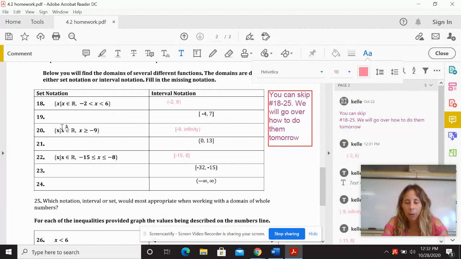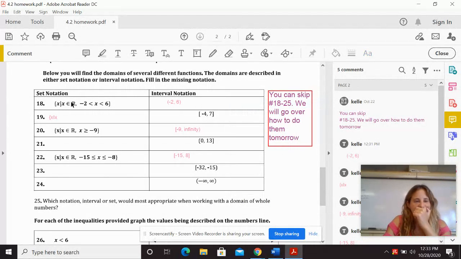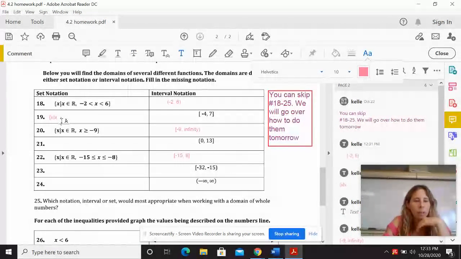So you use a brace, X, straight line, X, is an element, so you would use the funky little E. I don't have that sign here, so I'll draw it.